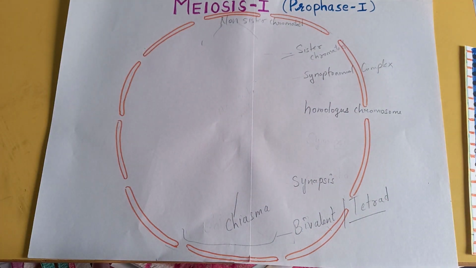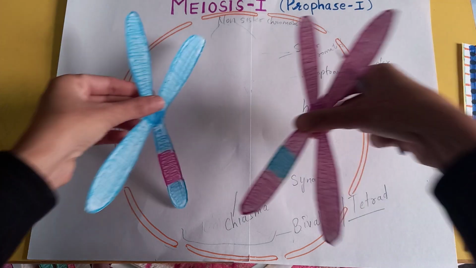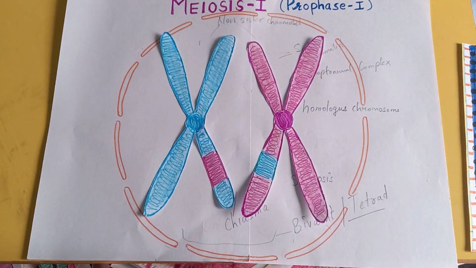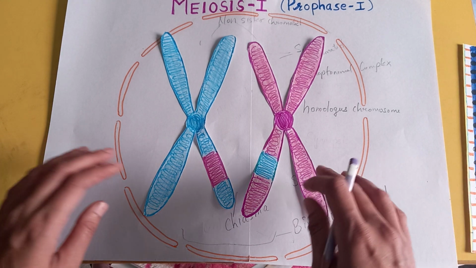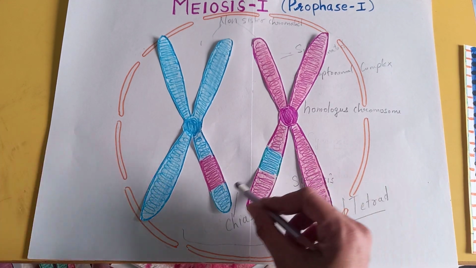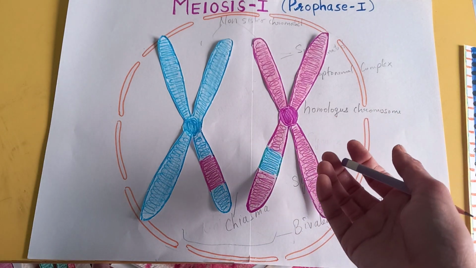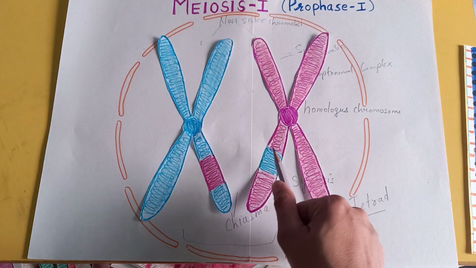We'll be getting the recombinants, or we can say we'll be getting the two newly formed chromosomes. When these chiasma are going to break, when this synaptonemal complex is going to disintegrate, afterwards we'll be able to get these two newly formed chromosomes with exchanged genetic material.